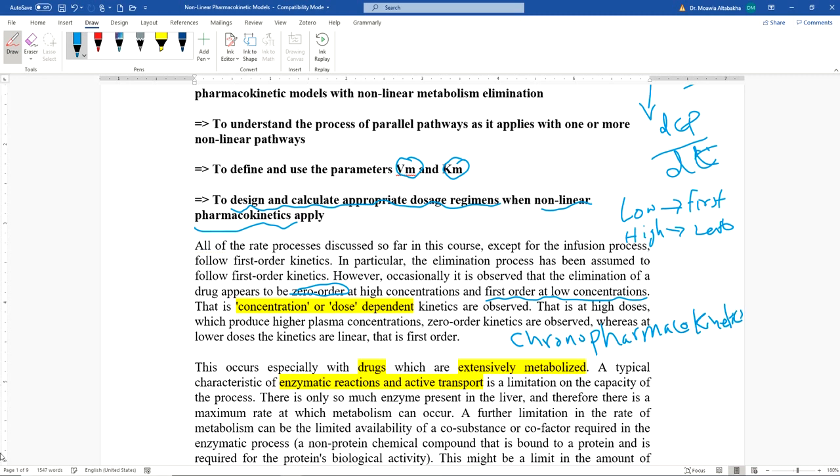What is this case? They found out that some drugs, their elimination differs, for example, during the whole day. For example, at night, the elimination is different from during the daytime when someone is active. This is referred to as chrono.